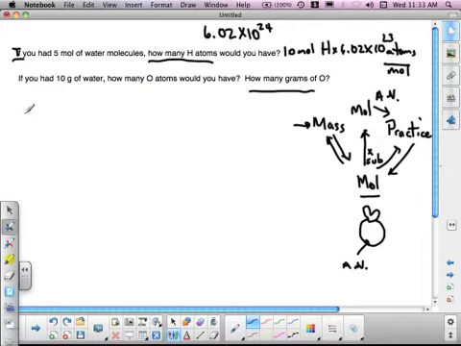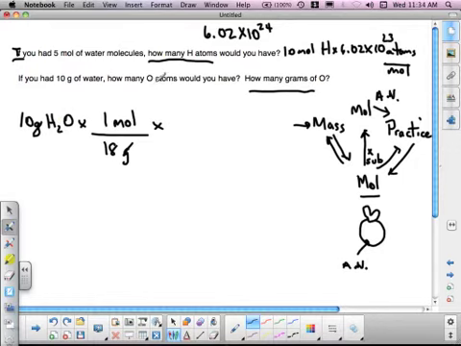So 10 grams of water, H2O, times 1 mole of water weighs, if you add them up, 18 grams, 2 hydrogens, 1 oxygen. All right, but then how many oxygen atoms in a water molecule? 1 oxygen, or 1 mole of oxygen, for every 1 mole of water.